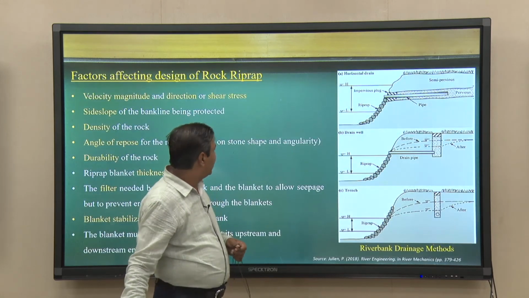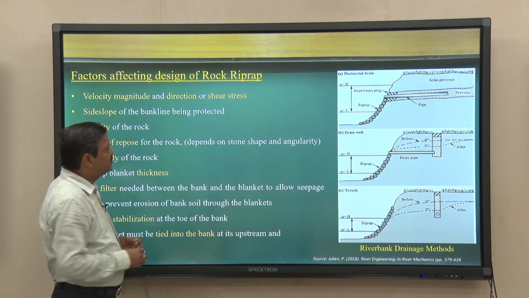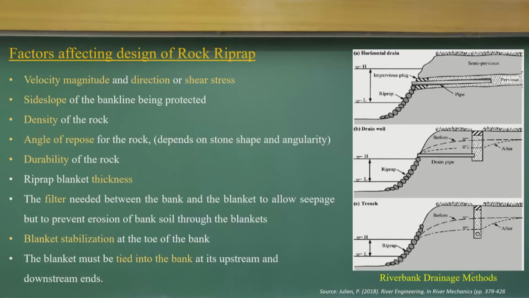So, there are points for the rock riprap joints. We all talk about protecting with rock riprap, or you put stone gabions, or any geotextile mattress. We should know what type of stone riprap is needed.